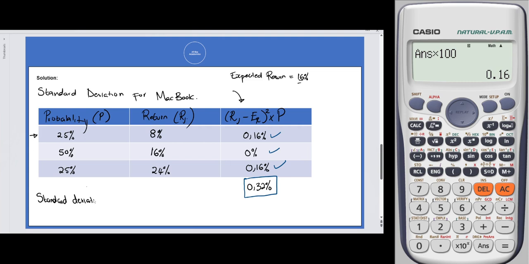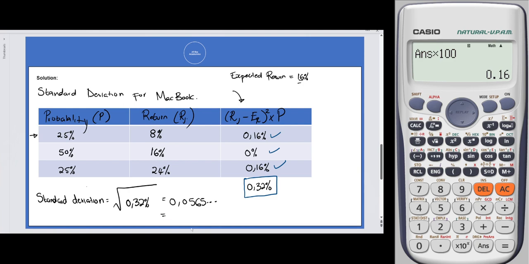So the standard deviation is going to be equal to the square root of 0.32%. All right, the square root of 0.32% will give us, initially, the answer 0.0565, and then the number will continue.